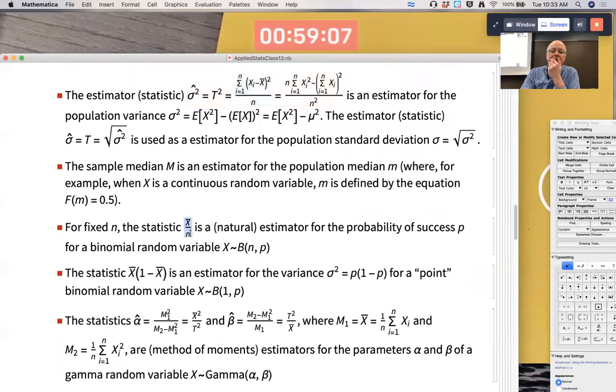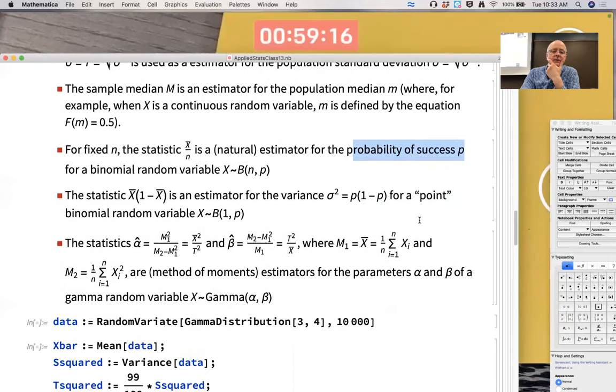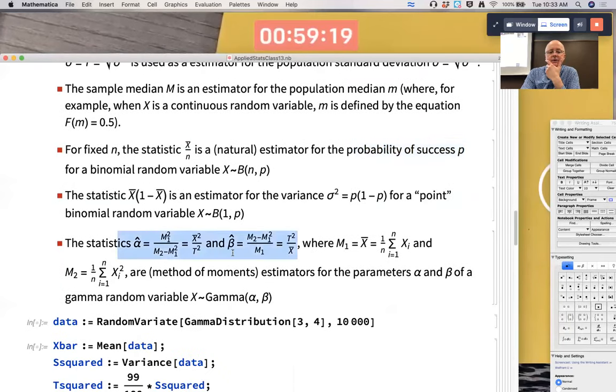X bar over n is a natural and, it turns out, an unbiased estimator for the probability of success for a binomial random variable. These were statistics that we got from a gamma distribution from the method of moments.